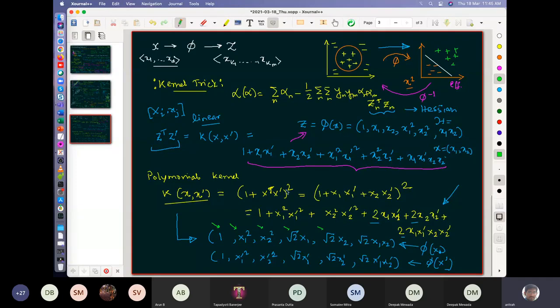Suppose instead of square, it's a polynomial of order q. Then the computation to convert and come back is huge, rather than I only need the values from it, and if I can expand and do it, these terms will be much fewer to compute, rather than converting each and every point and then taking a linear product of those 2 points. That's what is so interesting about this kernel trick.